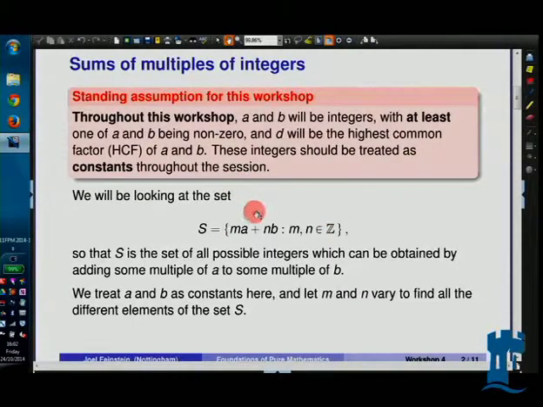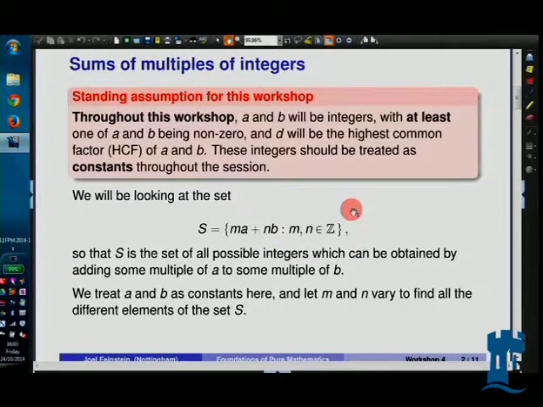So a and b are constant in this whole session. M and n are dummy variables here. It really doesn't matter what m and n are, okay? You could use other letters. But you mustn't use a, b, or d because they're in use. A, b, and d are fixed in this session. You don't have to use m and n. They're the dummy variables. We look at every possible integer multiplied by a and add it to every possible integer multiplied by b.